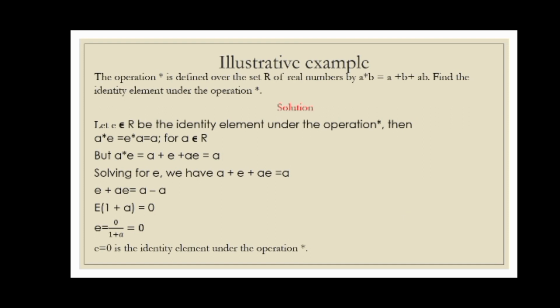Then our equation from the question, we said A star B is equal to A plus B plus AB. So we have to represent it by the identity element. So we have A star E, it's equal to E star A, which gives us A.